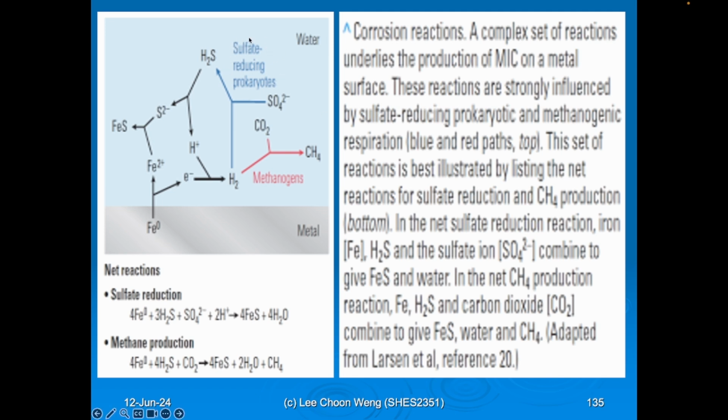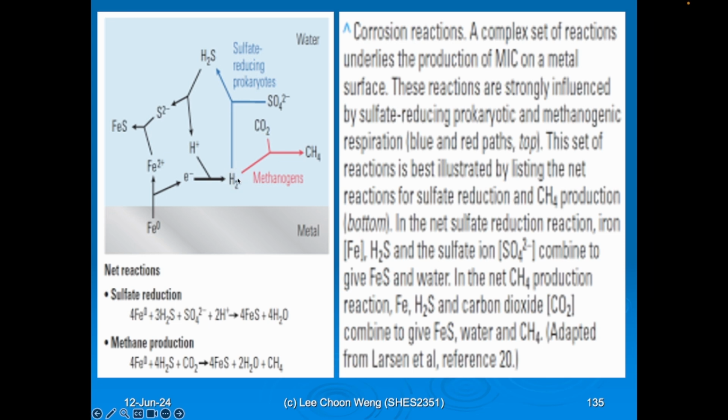So here we see sulfate reducing prokaryotes that reduce the sulfate in the fuel into H2S. The H2S reacts with the metal to form rust and also hydrogen gas.